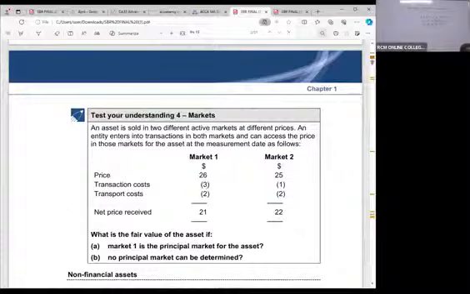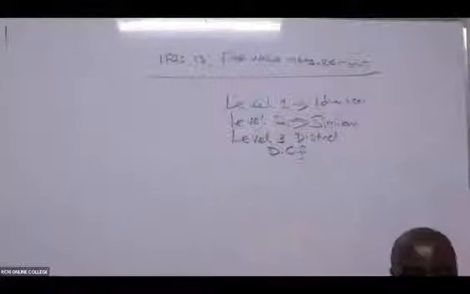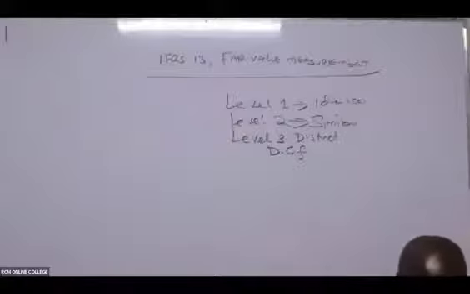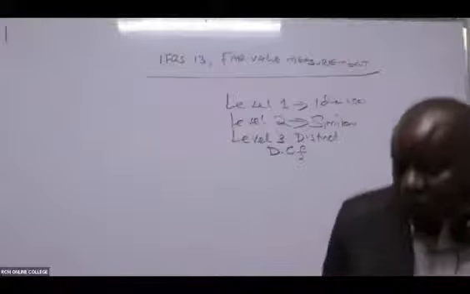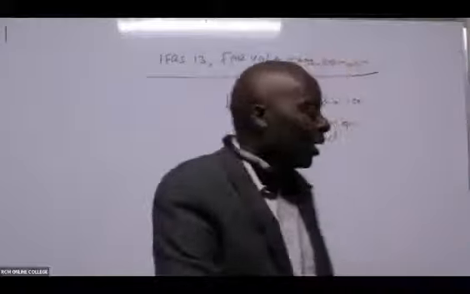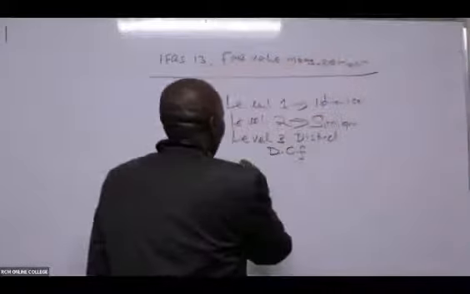Transaction costs are very irrelevant whenever it comes to calculations of fair value according to IFRS 13. So if market 1 is our principal market, the only market we have at the moment, how do I get this fair value?